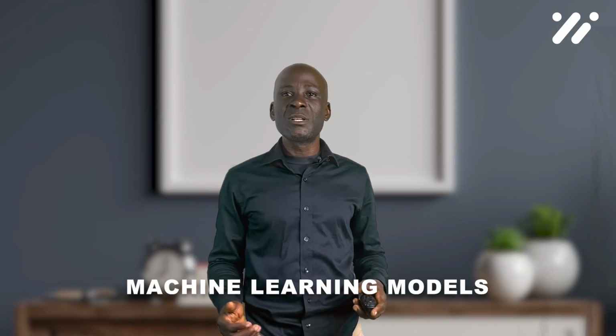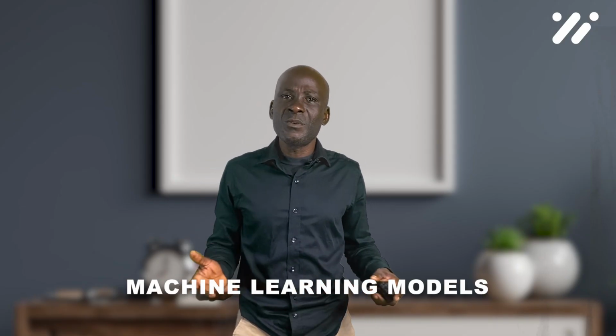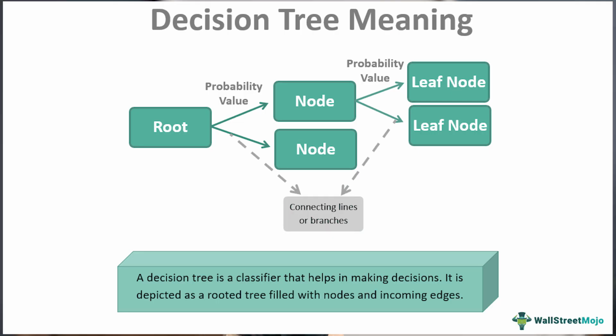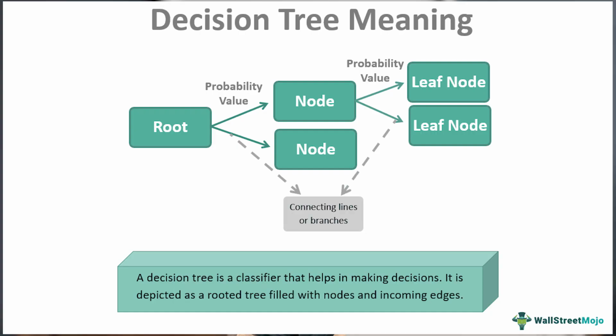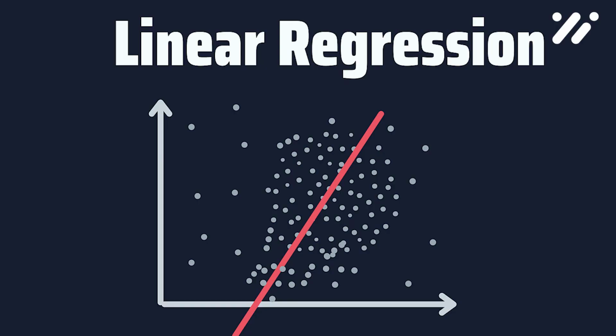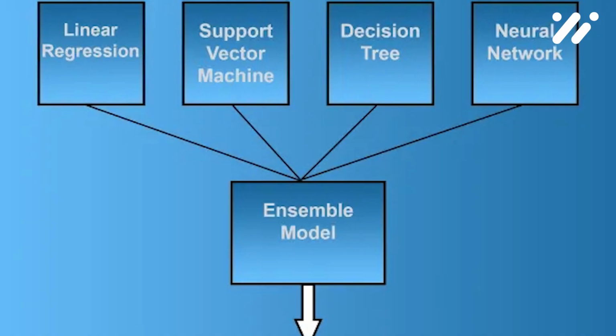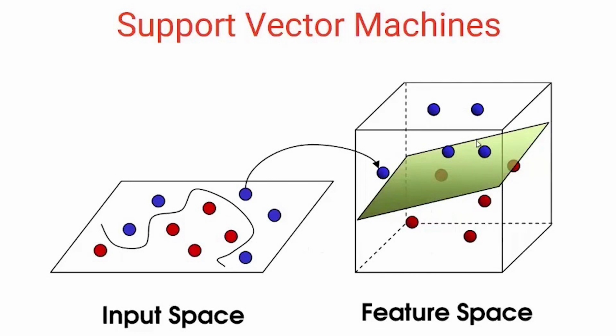Now, machine learning models can be represented in various forms, such as decision trees. We are talking about different models that are common in machine learning. We're talking about decision trees. Linear regression is a model. We have ensemble models. We have support vector machines, neural networks.